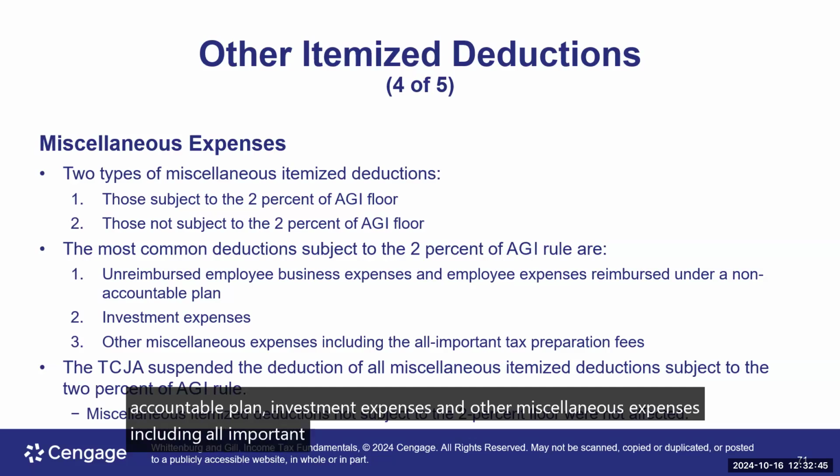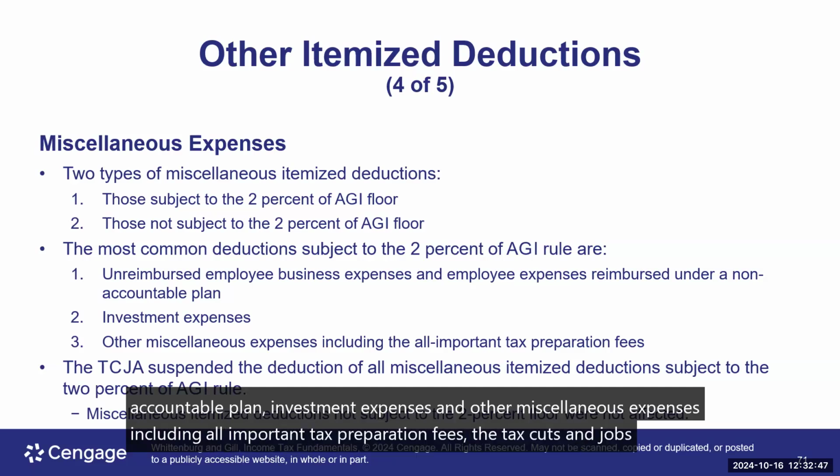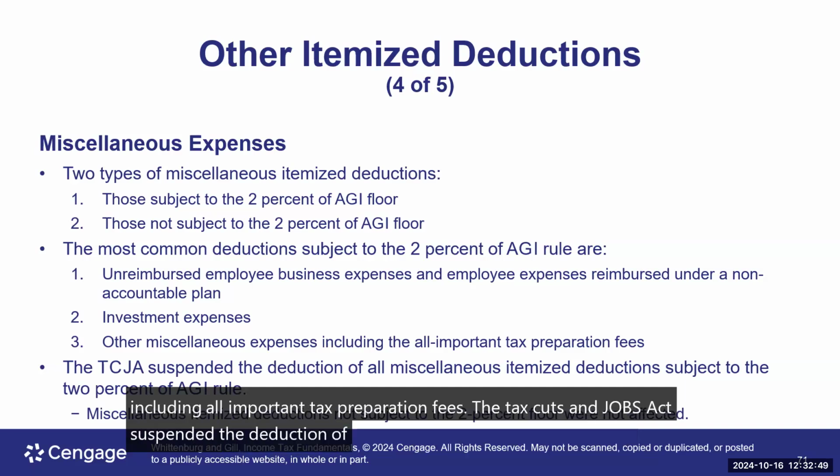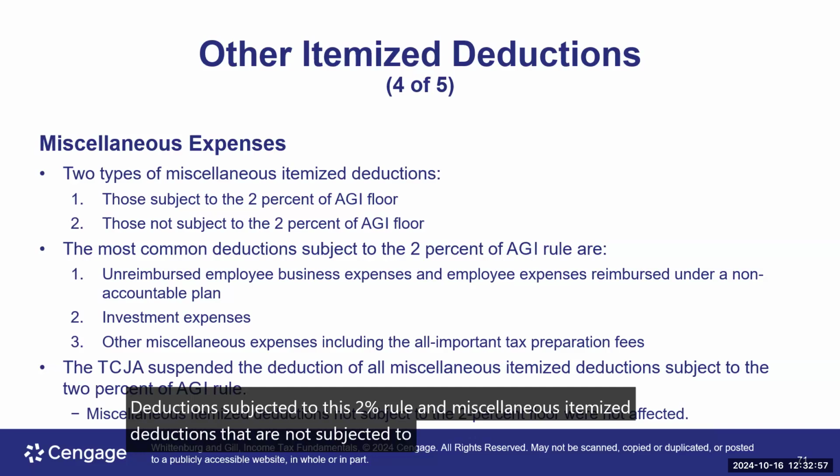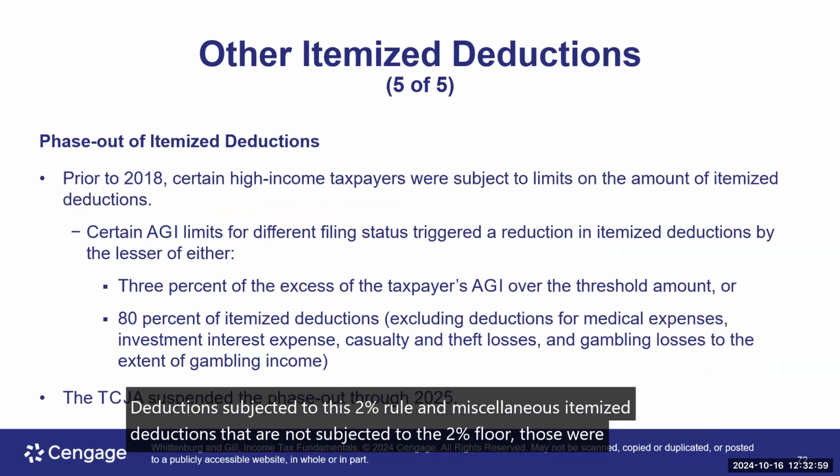The Tax Cuts and Jobs Act suspended the deduction of all miscellaneous itemized deductions subject to this 2% rule, and miscellaneous itemized deductions that are not subject to the 2% floor were not affected.